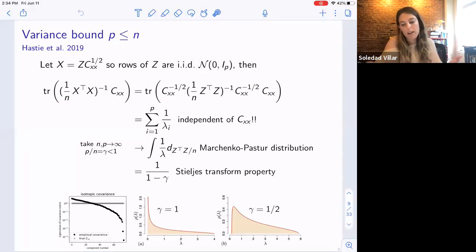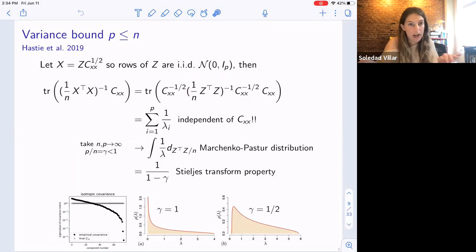Once you know the distribution of the eigenvalues of this Gaussian, you can see that if the number of points is equal to the number of dimensions, then with high probability you have an eigenvalue that is very close to 0. When you take the inverse, you get something that blows up.